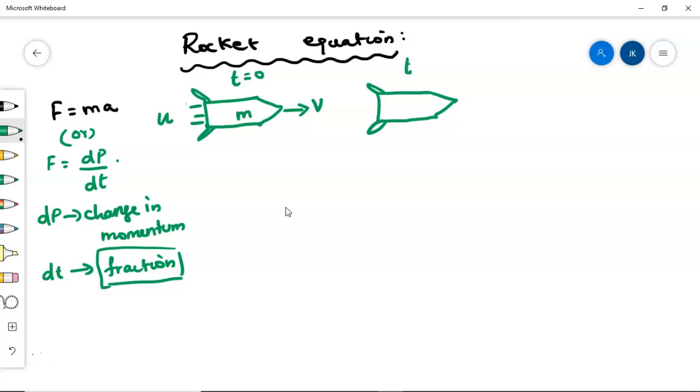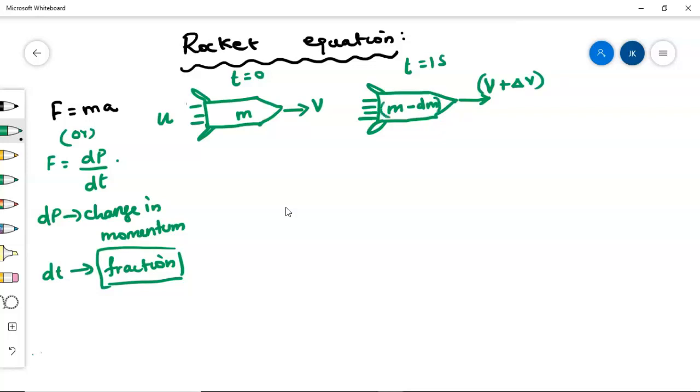After some time, let's say 1 second, the mass of the rocket is reduced because the fuel is being burned. Because of burning fuel, the rocket is getting the thrust and it is accelerating. Now as it is accelerating, its velocity is added up. Some amount of velocity is added up here. So let's have delta v. Why is some velocity added?